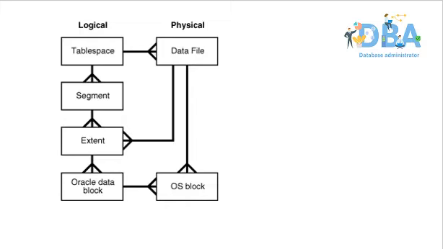We'll learn more about the physical storage units later. But these storage systems are used to store your actual data. On the left hand side is the logical way of storing the data, and on the right hand side is the physical way we are storing the actual data.